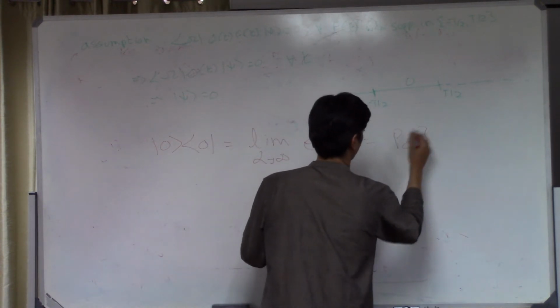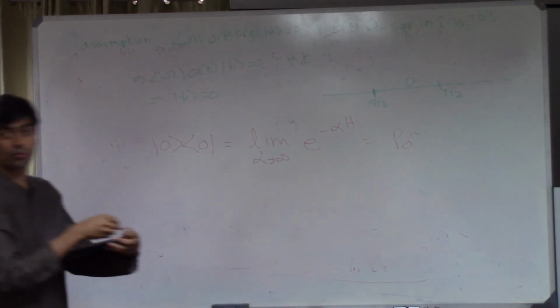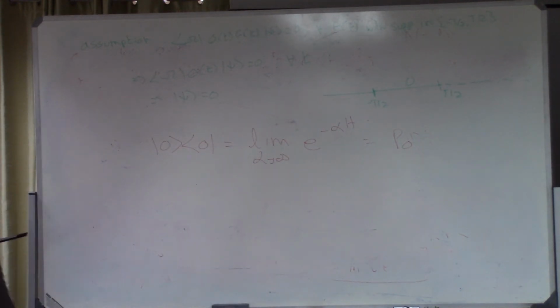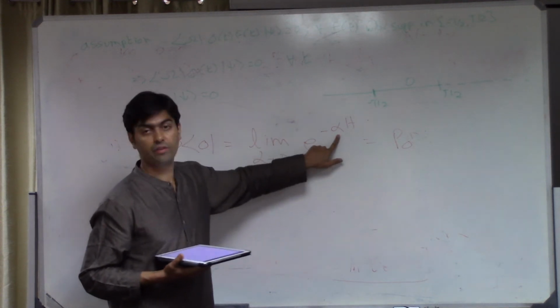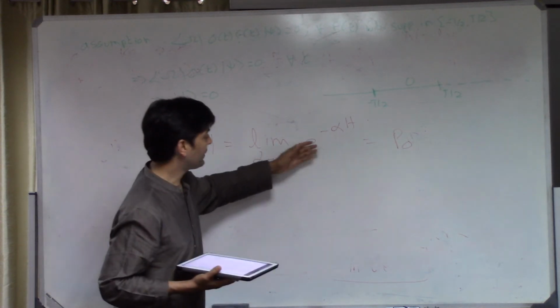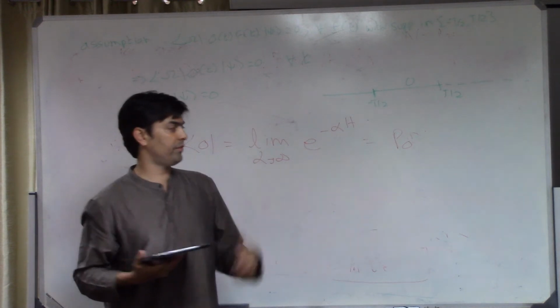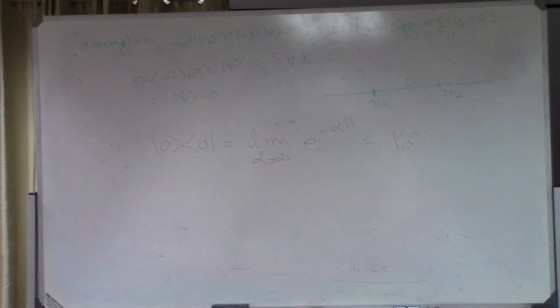The projector onto the vacuum is just by definition the limit as alpha tends to infinity of e to the minus alpha h, where this is the boundary Hamiltonian. By the way, you should always define these subtractions that appear here to ensure that the energy of the vacuum is 0. So I'm choosing the convention where I've taken these counter terms to ensure the energy of the vacuum is 0.